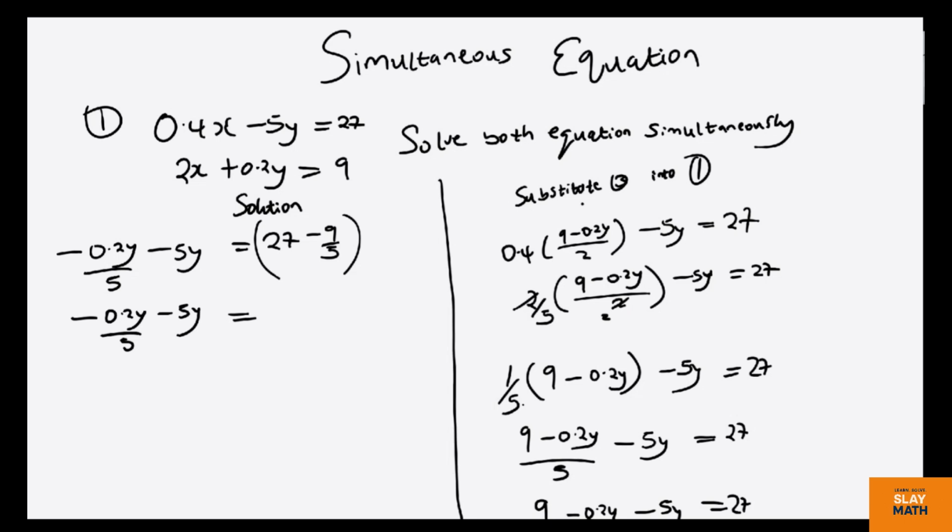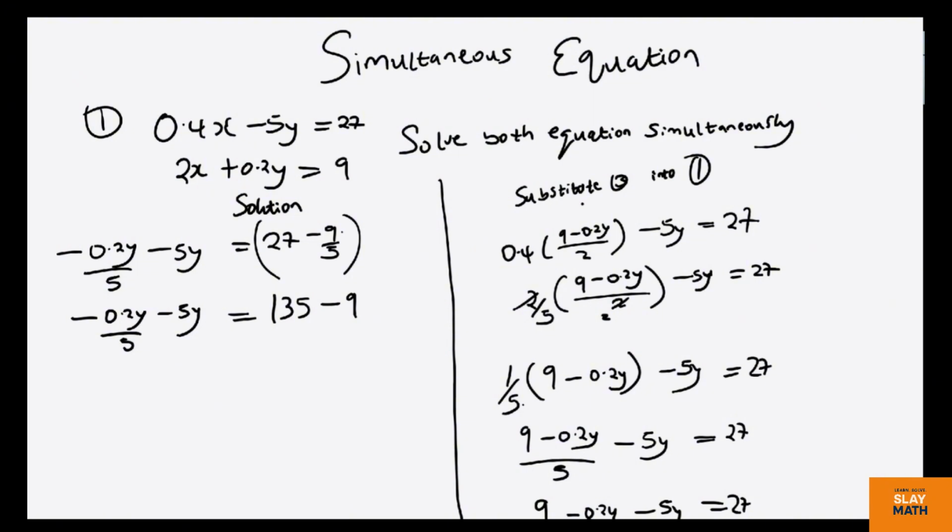So if we multiply through by 5, 27 times 5 is 135. Minus, when you multiply through, the 5 is going to cancel this, so we have minus 9. I hope this is clear.